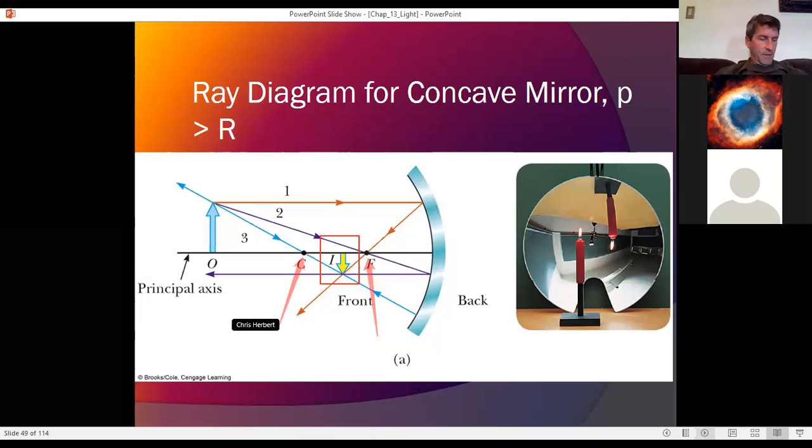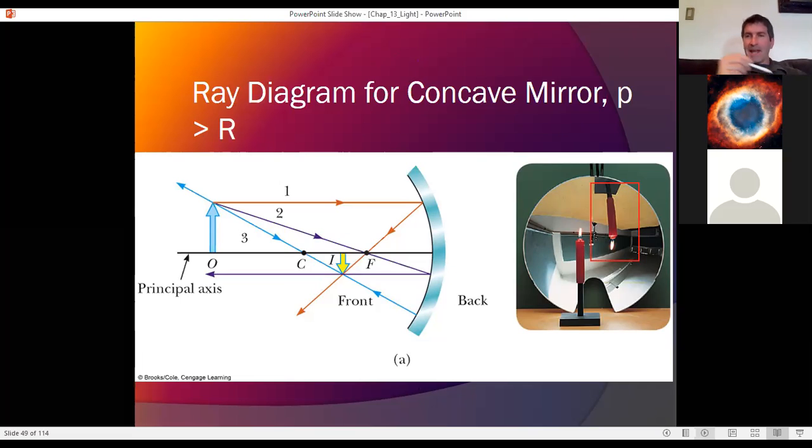We're not going to talk about this in too much detail because that's really the subject for a geometric optics course. But when we place the candle close to the mirror, what do we see? We see the candle is upside down, and in some cases, we can actually magnify the candle. We'll see that in a second.